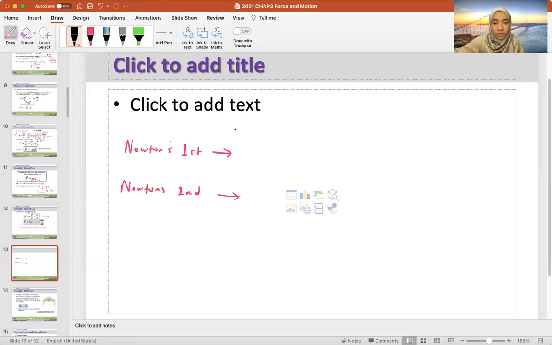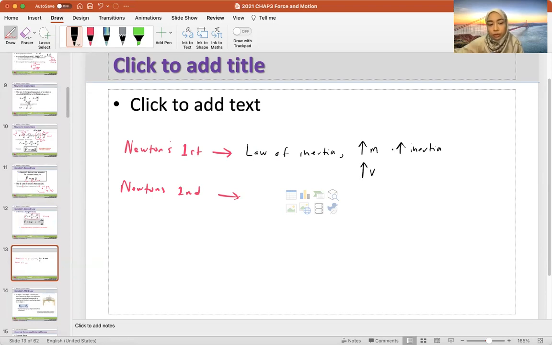Inertia. Okay, it's the law of inertia. What else? What happens if we have a greater mass? Is the inertia greater or smaller? Greater. Greater inertia. What causes greater inertia? Velocity, right?